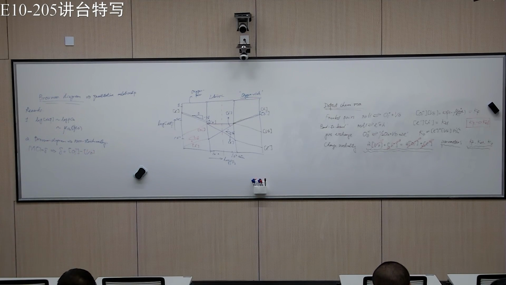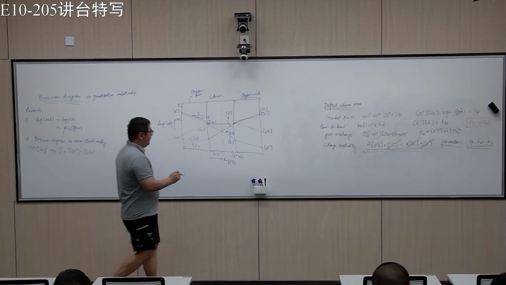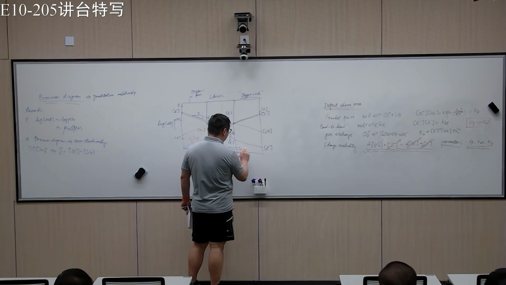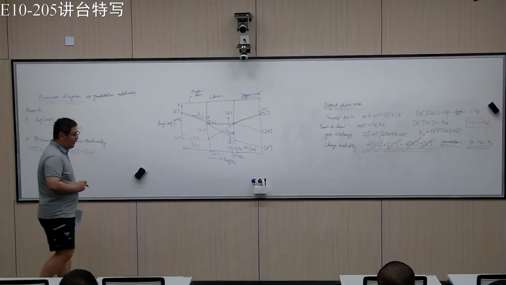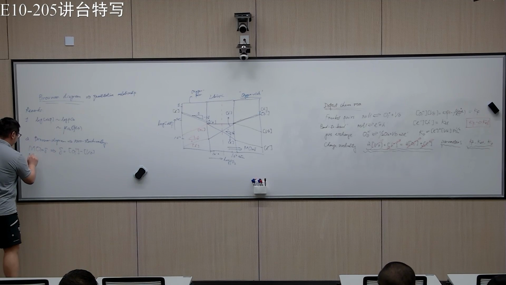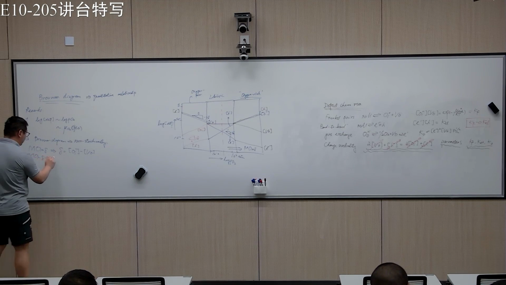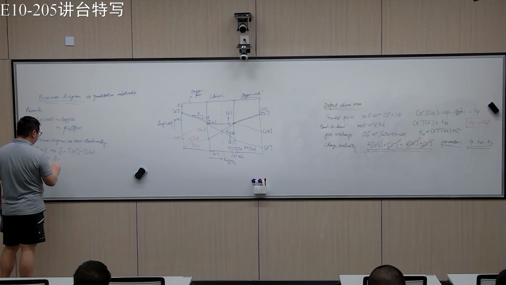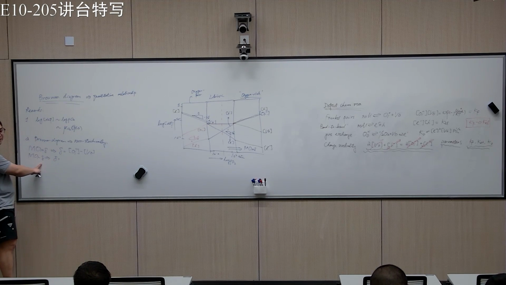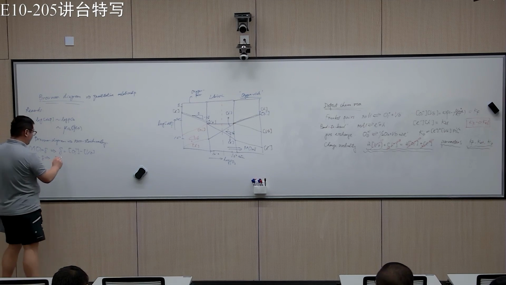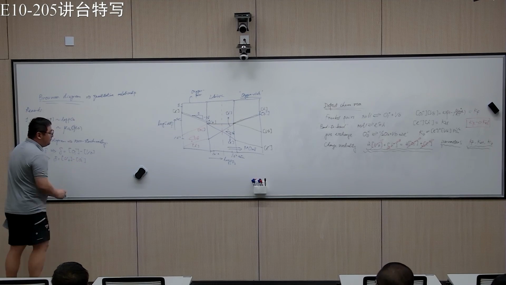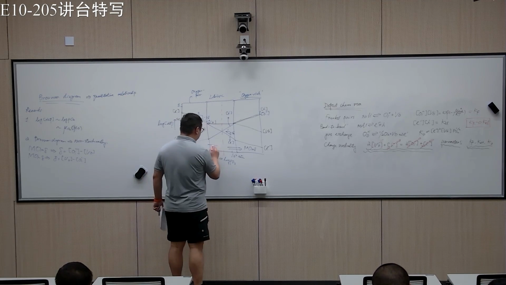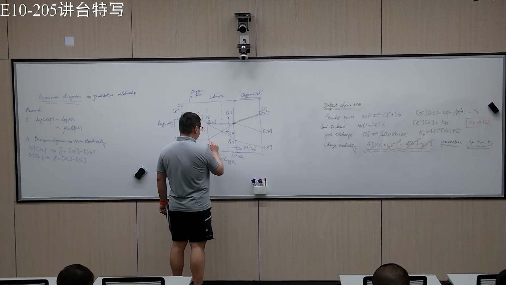So from here on, we have MO 1 plus delta. If I say 1 minus delta, delta is again always positive, then from this side on, it should be MO 1 minus delta.